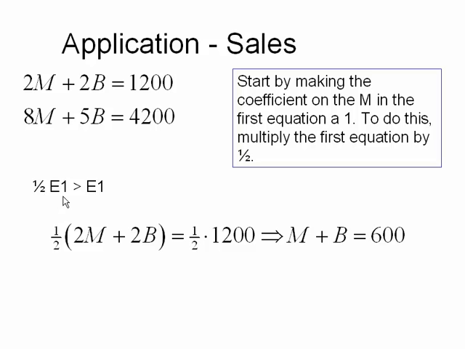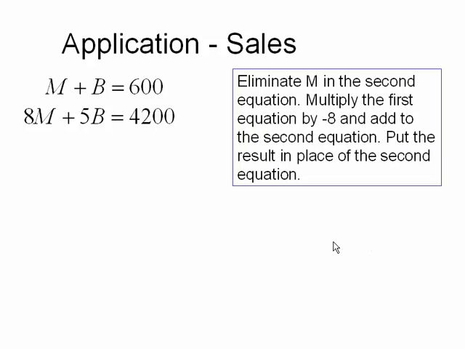So 1/2 times E1, put that in place of E1. When I take 1/2 times that entire equation, I get M plus B equals 600. And now I'll put that in place of the first equation.